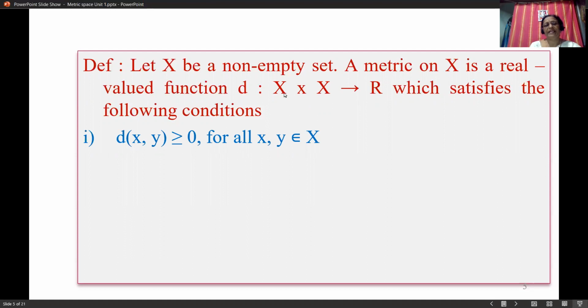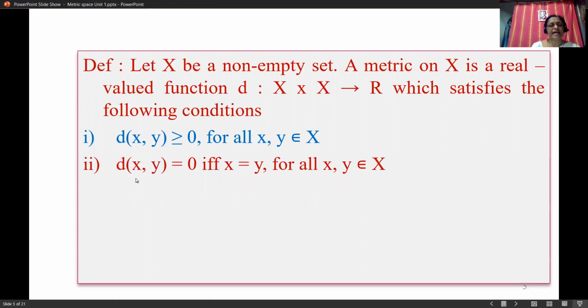Let us consider an arbitrary ordered pair xy and its image under D, which belongs to R, meaning it is a real number. Therefore the first condition gives the result that D of xy, the image of the ordered pair xy under D, is always non-negative for all xy belonging to X.